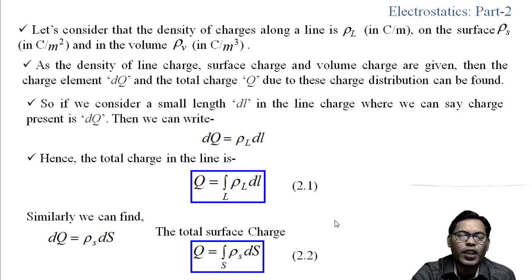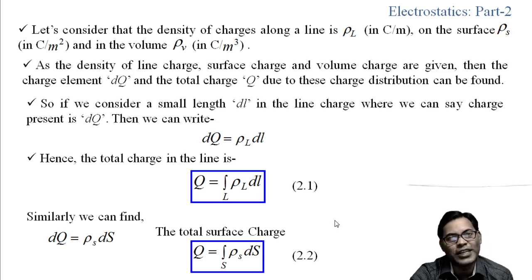So, here to calculate the electric field intensity, first we are considering the line charge density rho L, that will be in coulombs per meter, and for the surface charge the charge density we are considering rho S, that is coulomb per meter square, and for the volume of charge we are considering the volume charge density rho V, which will be in coulomb per meter cube.